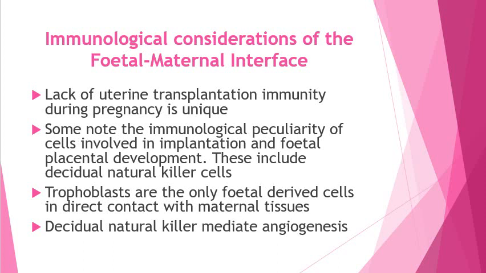Decidual natural killer cells in pregnancy usually mediate angiogenesis. They work in concert with the stromal cells, and they produce pro-angiogenic factors during pregnancy which help in sustaining the normal pregnancy.